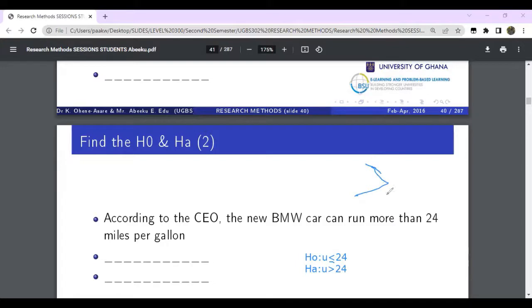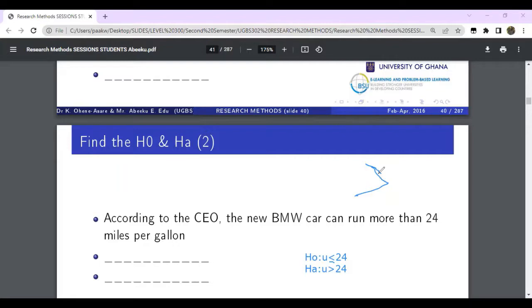Yeah. It's only less than, greater than, more than. And I say more than is HA. HA is the opposite of H0. It challenges the H0, that's the status quo. And now HA, which challenges the H0, is saying mu is more than 24.